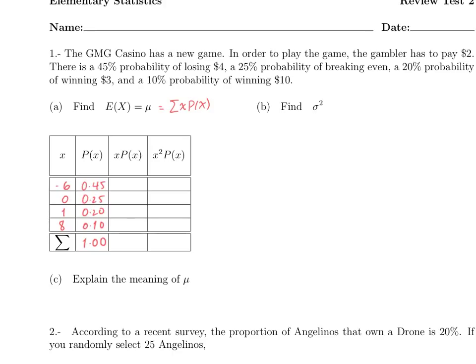If we multiply these values, we get minus 2.70, 0, 0.20, and 0.80. If you add it up, you get negative 1.7. Hence, the mean is negative 1.7.